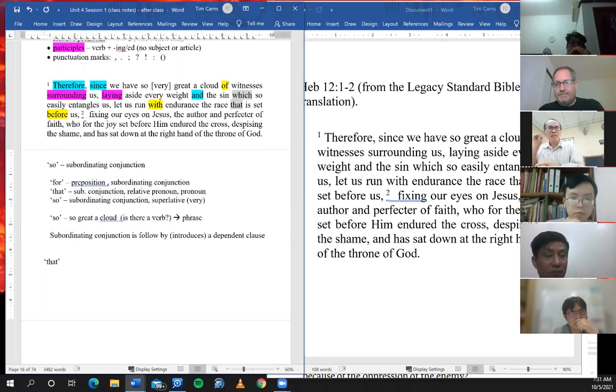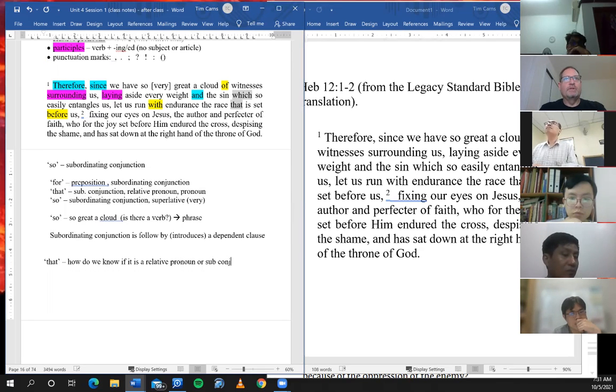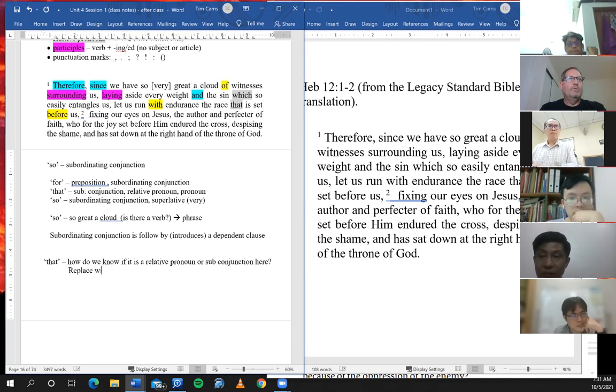The way I do it is, okay, so the question is, how do we know if it is a relative pronoun or subordinating conjunction here? The way to do that is to replace it with the word which and see if it makes sense.